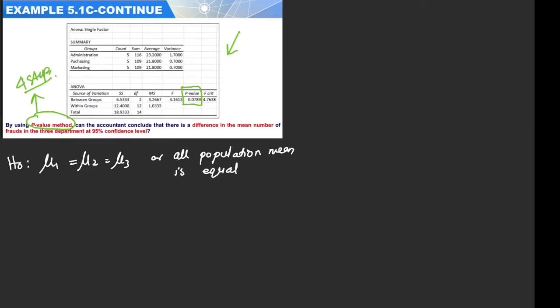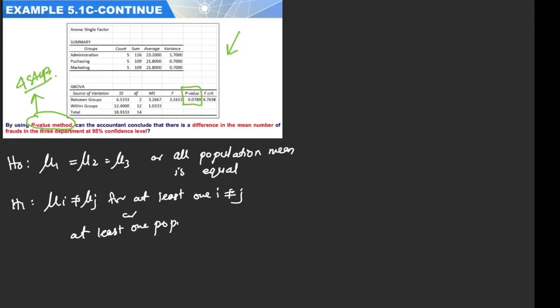Either one is acceptable. Your H1 will be mu i not equals mu j for at least one i not equals j, or you can write at least one population mean is different.